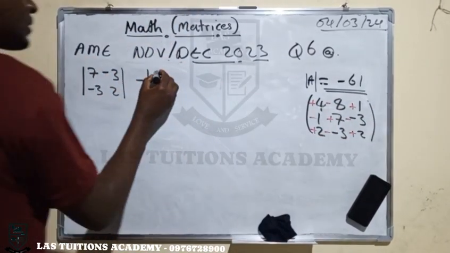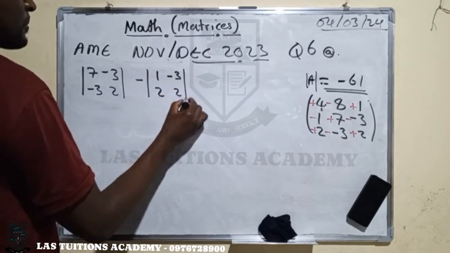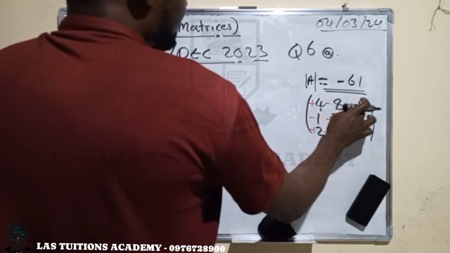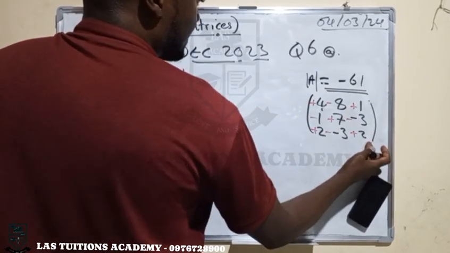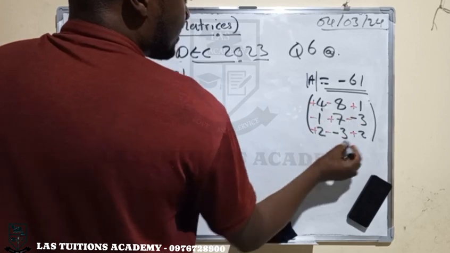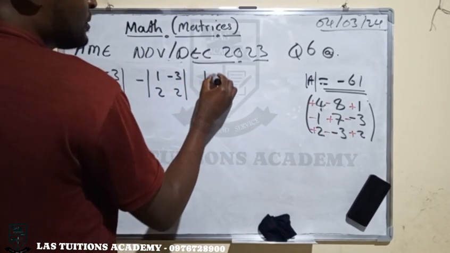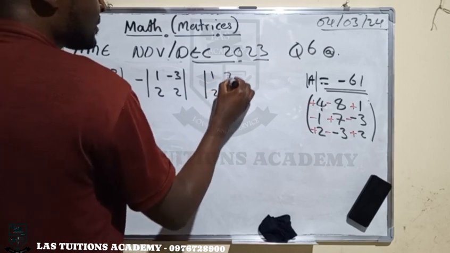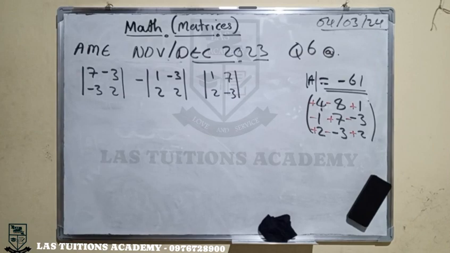So I have 1, 2, -3 and 2. Then finally we have this one, the position sign is plus, so we lock this and lock that. We are going to remain with 1, 2, 7, -3. So this is what we have for the first row.